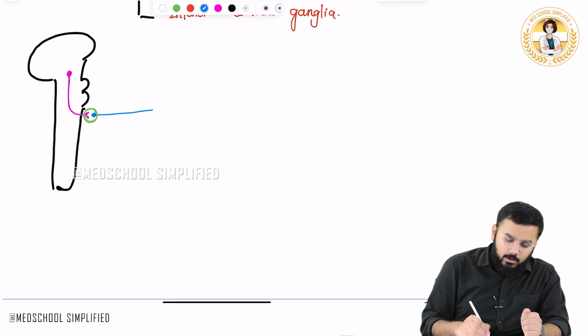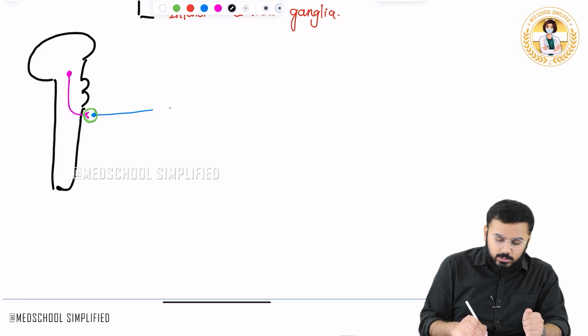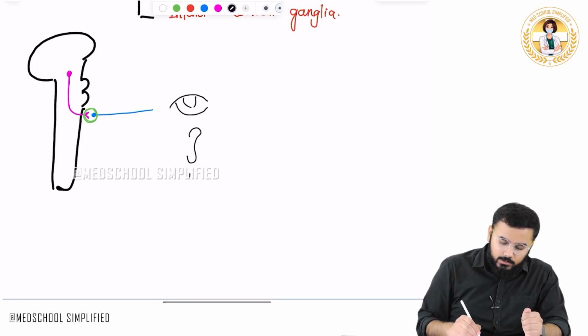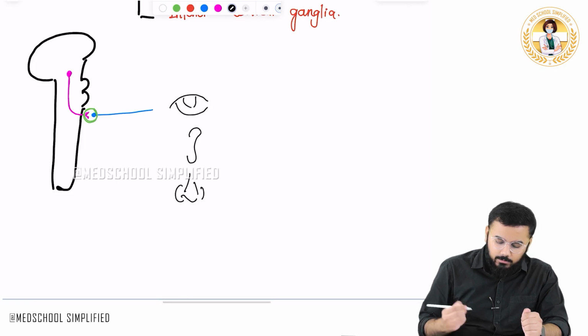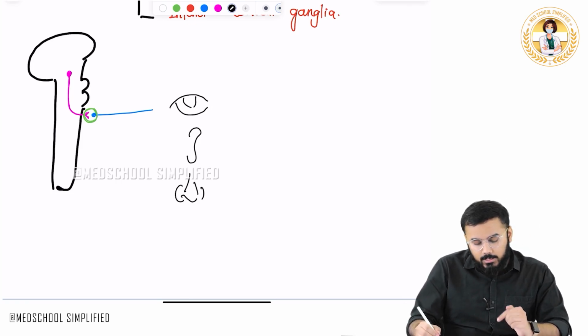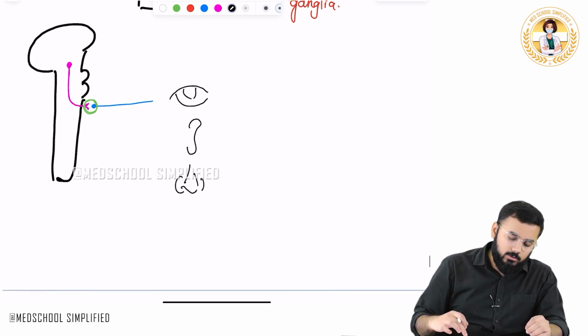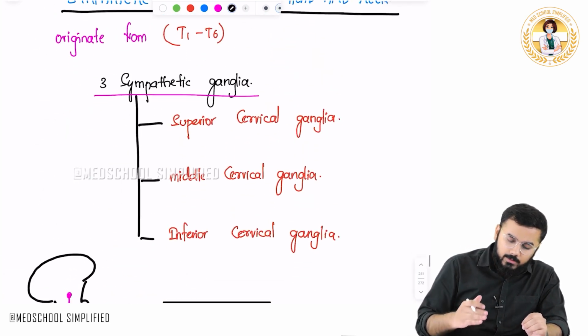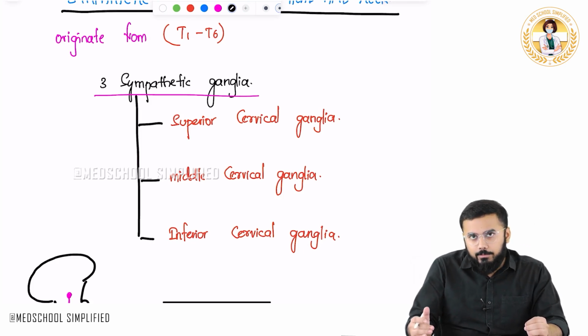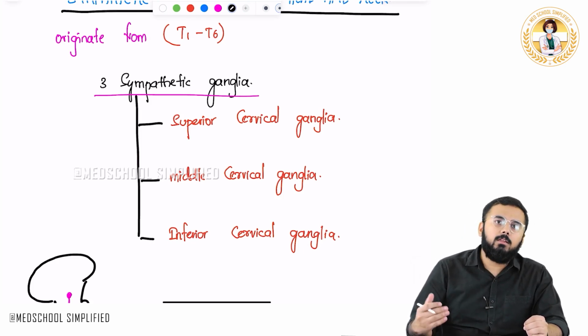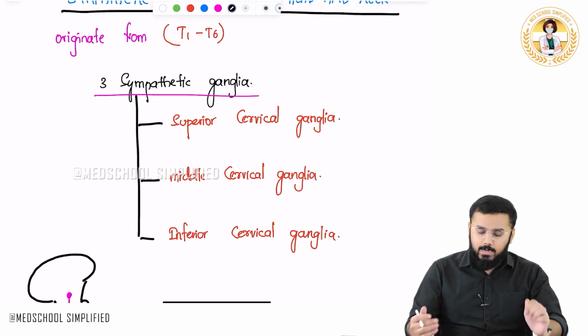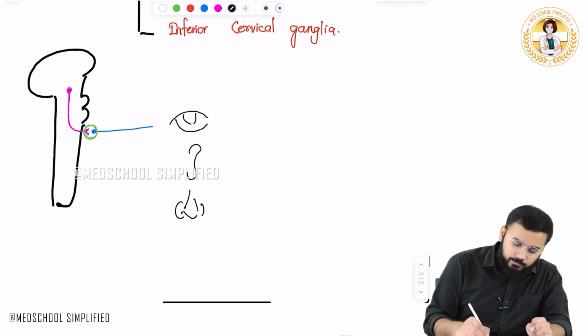So this postganglionic neuron is the one which supplies your eye, your ear, your nose, for example. So these are the postganglionic neurons supplying your different organs. From these ganglia the postganglionic fibers continue and innervate different organs of head and neck.